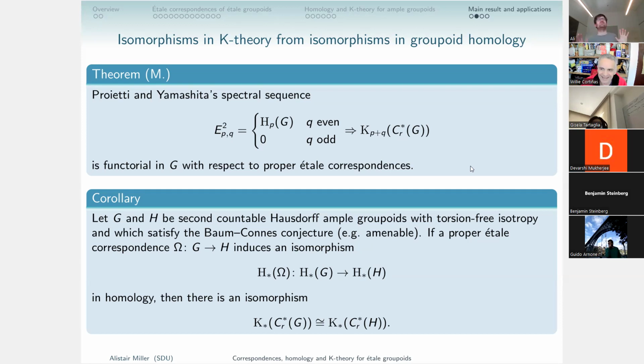Anyway, Bredon homology agrees with the group homology when the group is torsion free, but otherwise it handles the torsion in a way that is better comparable to K theory, at least. And so I think you have some Davis-Lück stuff, which is telling you that you have a Chern character in that context.